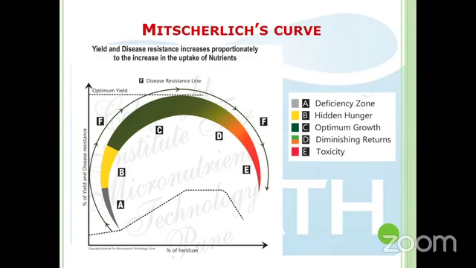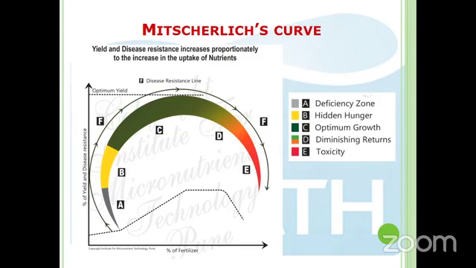When the fertilizer applied is very little, your crop will be in zone A, that is the deficiency zone. When we gradually increase the amount of fertilizer, your crop will go into zone B, that is hidden hunger. Hidden hunger means the crop is facing the deficiency, but it is not able to show it.